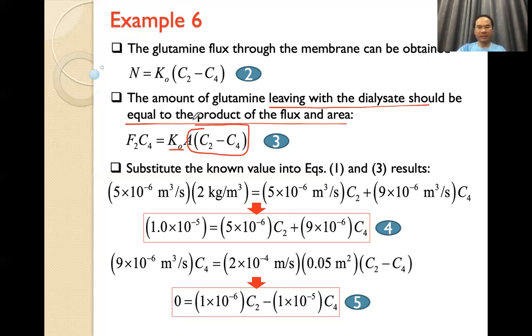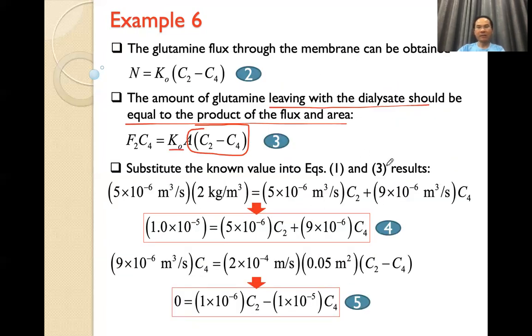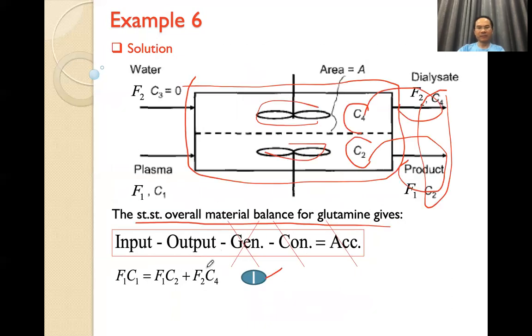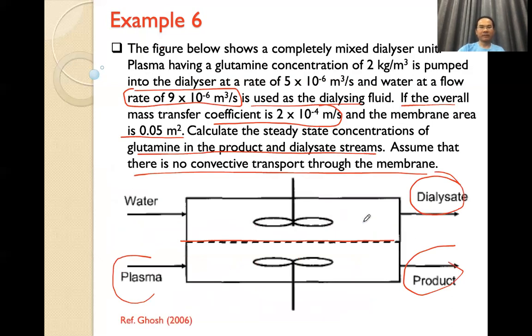And then you substitute the known values into equation 1 and equation 3. You substitute this equation and this equation. The unknowns are C2 and C4 because you know C1 and C3. C3 is 0. You know C1 is the feed concentration, 2 kilogram per cubic meter.